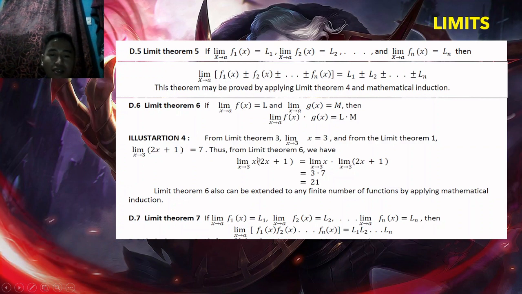From limit theorem 6, the limit of x times (2x + 1) is 3 times 7, which equals 21.